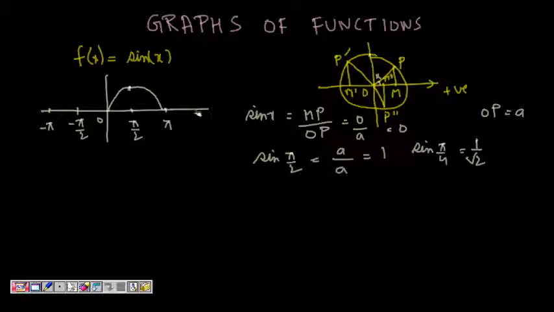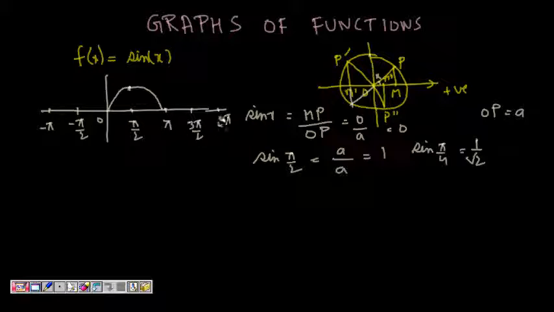Now this is 3 pi by 2 to 2 pi. Going in this direction, the value is negative, MP is negative, so till 3 pi by 2 it will be going in the negative direction, and from 3 pi by 2 to 2 pi also it is negative. At least from here to here it is negative.